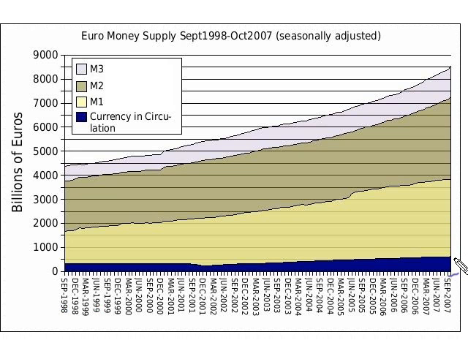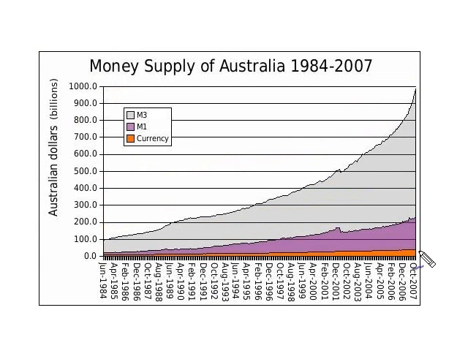Okay, here we have the euro. And right here's the currency in circulation. And here we have M1. It's about 6 times more M1 than there is currency in circulation for the EU area. Here's another example, Australia. Currency, M1.